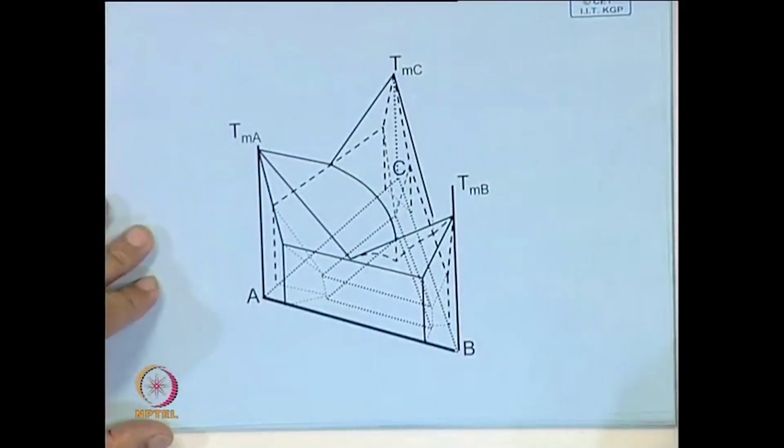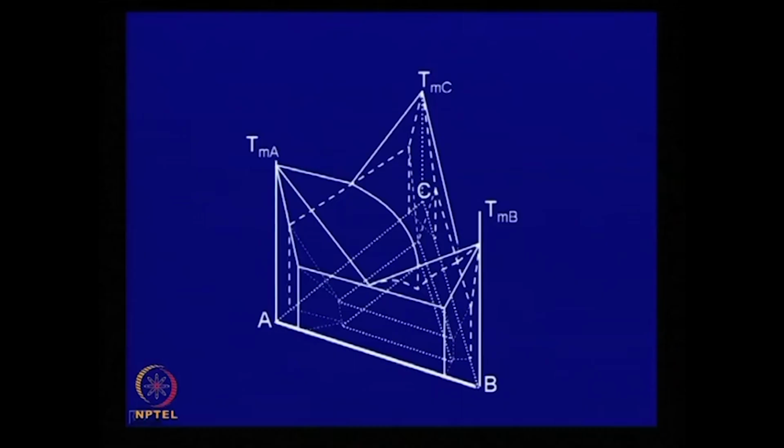Now, let us look at the nature of this diagram. These are the 3 axes. Here you look at this liquidus surface which is coming down from the melting point. On this line is TMA, the melting point of A. This is the liquidus surface, this line similarly consisting of this.